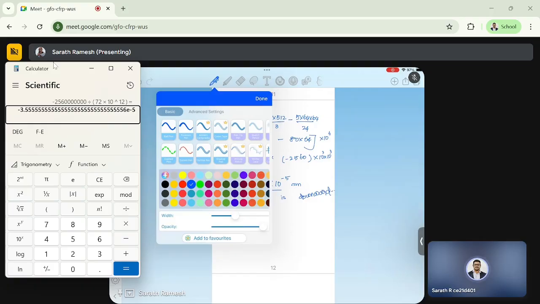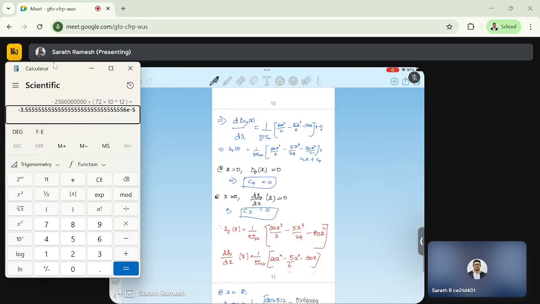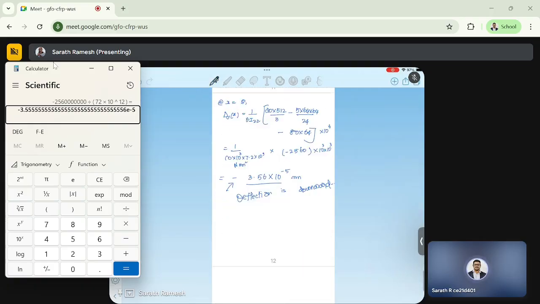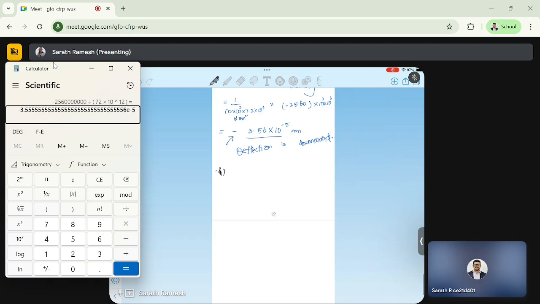So the next subdivision, H: rotation at the fixed end A in the clockwise direction, they are asking.